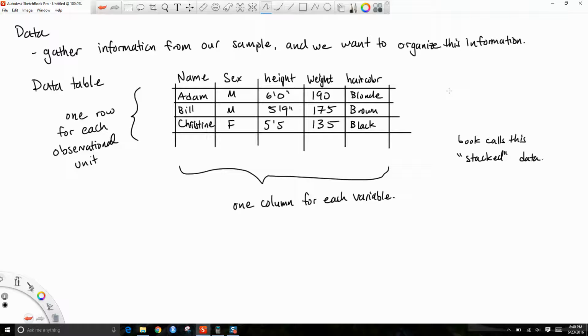And as far as the variables go, okay, there are two types of variables. We have numeric variables, which tell us how much or how many.